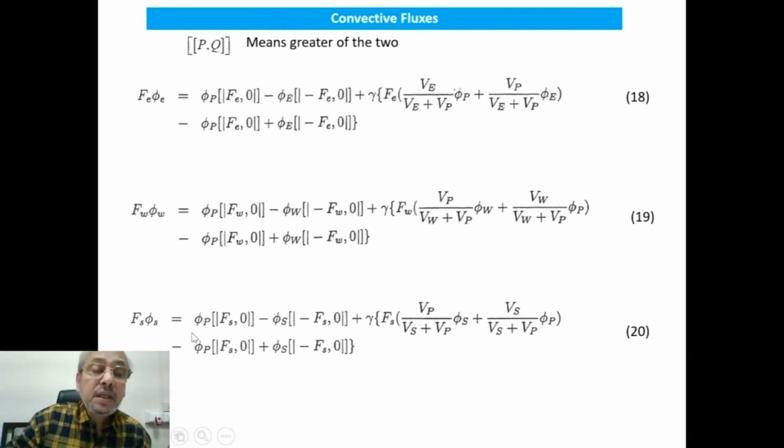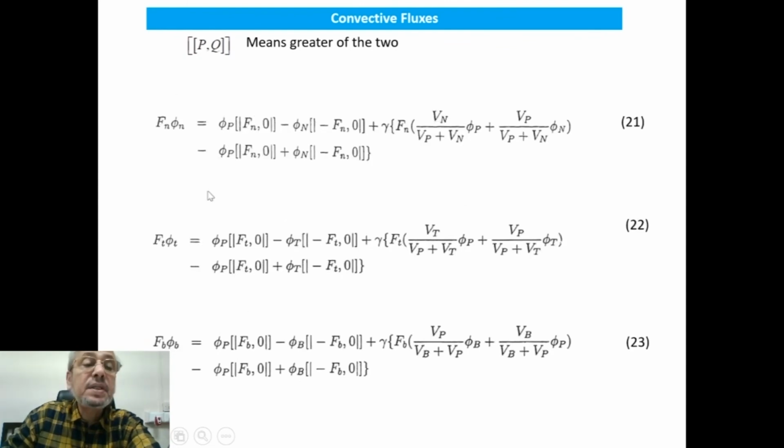Same here, this is upwind difference, this is a factor multiplied by curly bracket is getting closed here. Inside we have central difference minus upwind difference. So this is flux at eastern surface, convective flux as western surface, convective flux as southern surface.